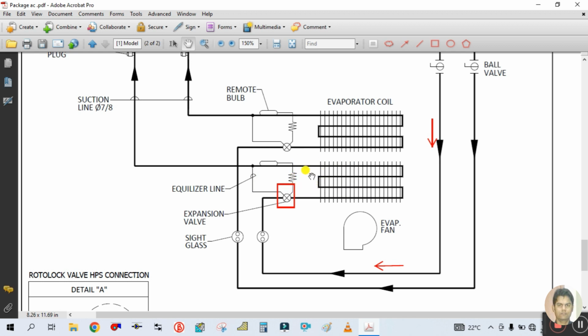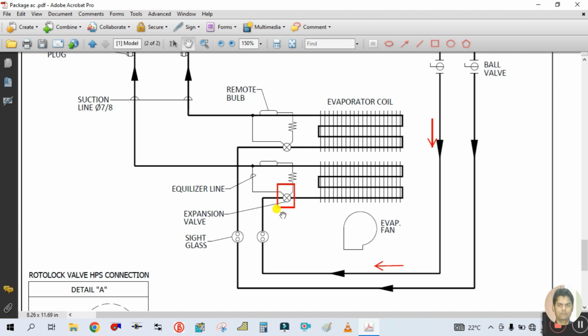For example, if the temperature of the refrigerant is high, that means the demand is more, that means the load inside the room or the return temperature is high. That means more flow of refrigerant is required.